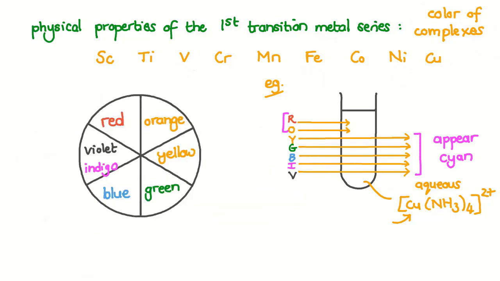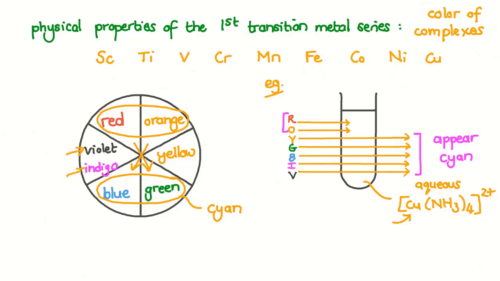This handy color wheel shows us that if red and orange wavelengths are absorbed, then the opposite or complementary colors on the wheel, in this case blue and green, will be the appearance of the solution to the human eye. Cyan is a pale blue-green color. Don't get confused.